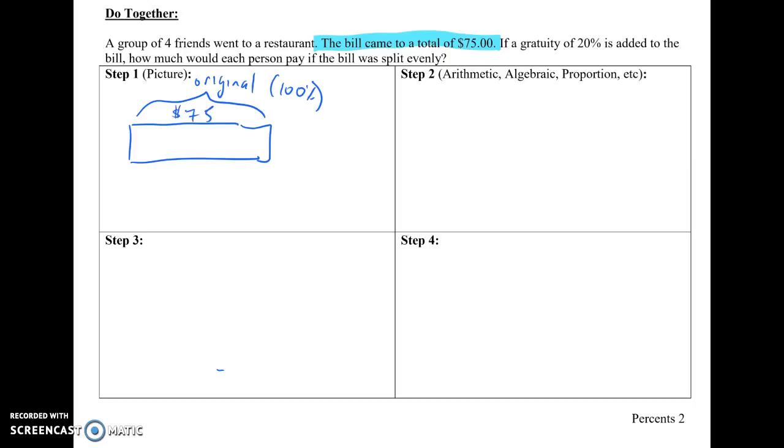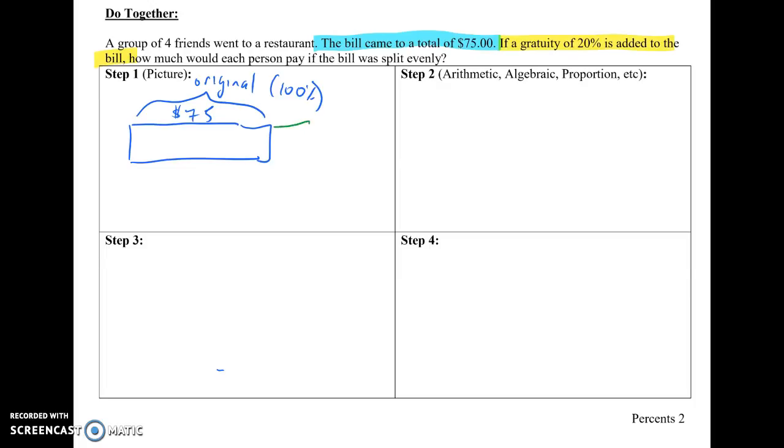Next part says, if a gratuity of 20% is added to the bill, right? Adding to the bill. It's not like commission. If you remember commission, when we drew the picture, we had 100%. We get a piece of that 100%. If you remember from class, we compared it to a candy bar. You get a piece of the candy bar. That is commission. Now, in this case, we are adding 20%.